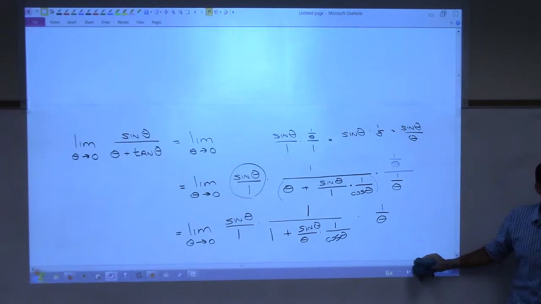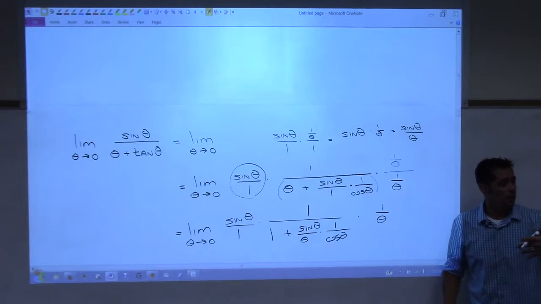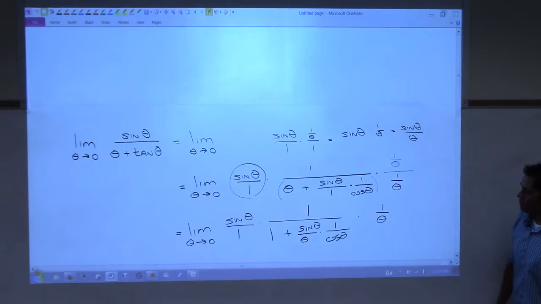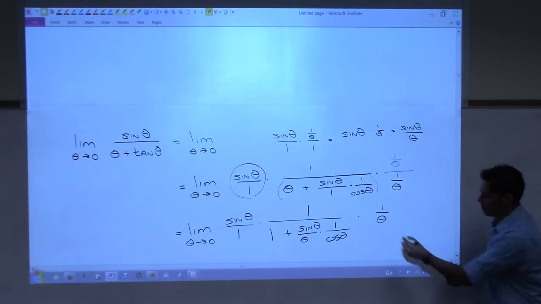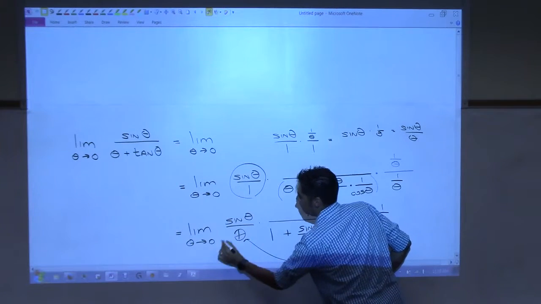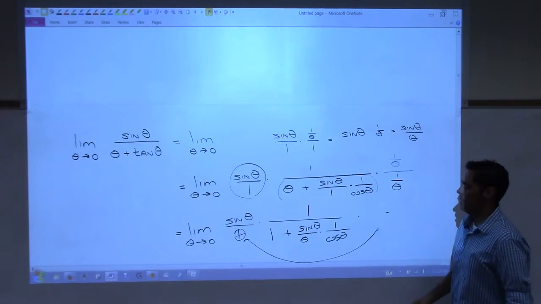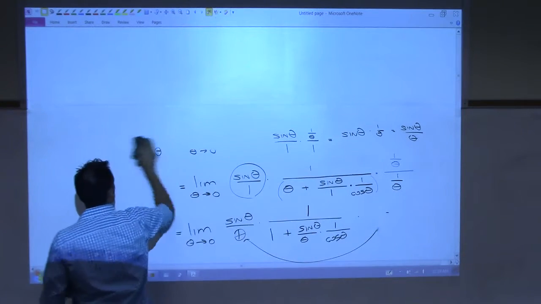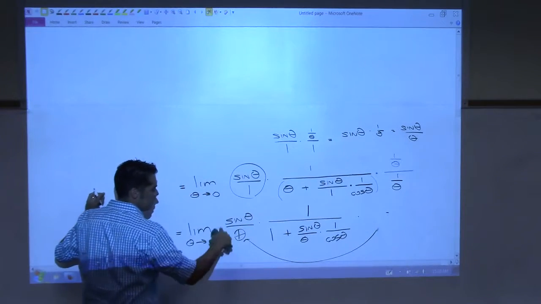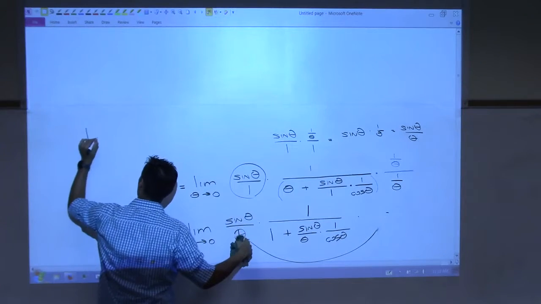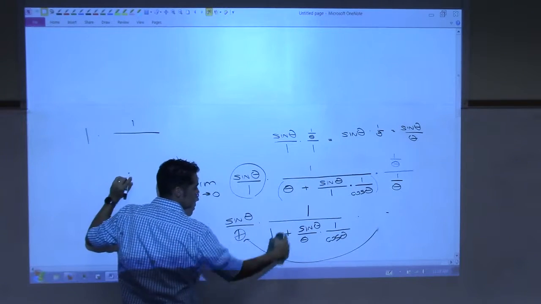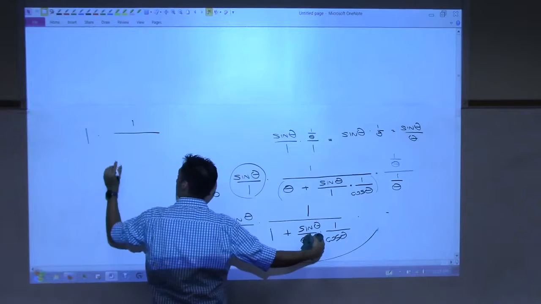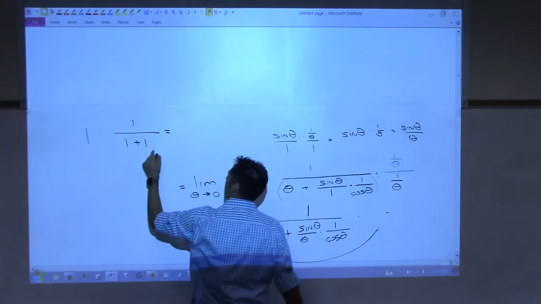Which will become 1 when we take the limit, right? So this gets slid under here, theta. This is gone. And then you get 1 times, what is it? Let's just write the answer out here. On top, let's see, well, this is what? 1 times 1 over 1 plus, we said this was 1, right? So you get 1/2.